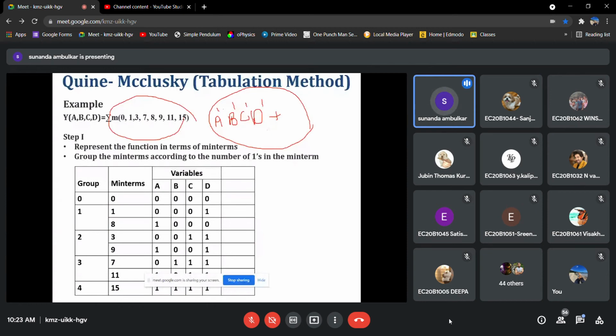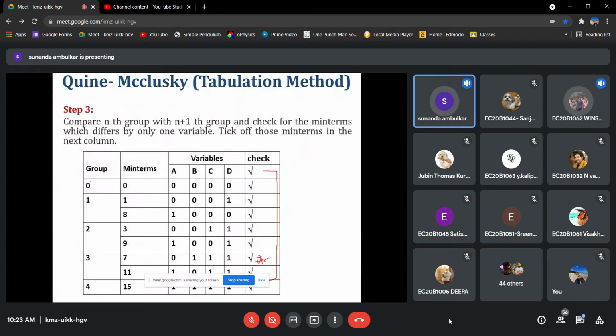Here it is given in terms of the min terms, but there is a possibility that there will be some complex Boolean expression. So we have to convert that Boolean expression in terms of the min terms, and then after finding the min terms, we will group them, compare them, and find the prime implicants. Clear? Yes, it's clear now.